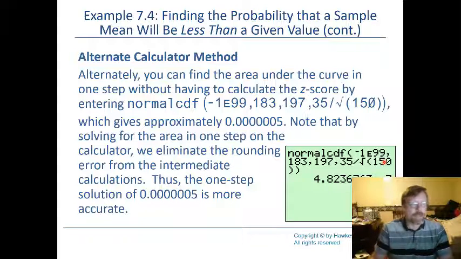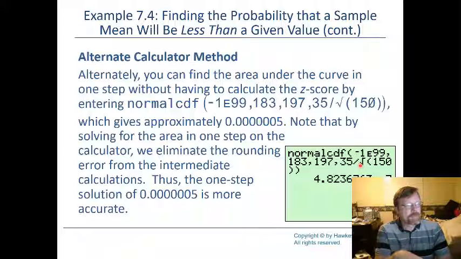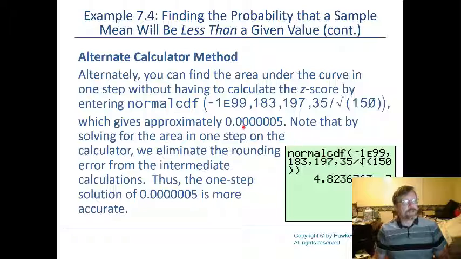So if you put the calculation inside the function, it will help keep the accuracy a little bit and eliminate some rounding error. So we get approximately 5 times 10 to the minus 7th. So you can see that it is technically possible, just extremely unlikely.